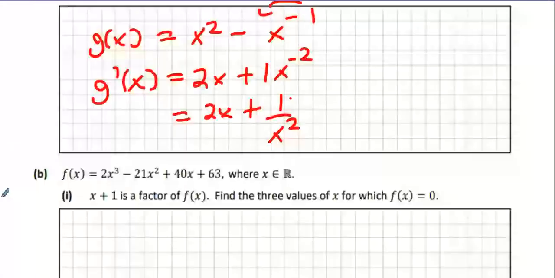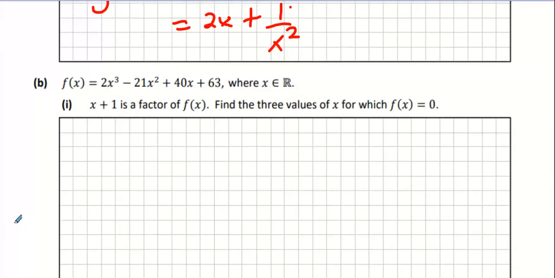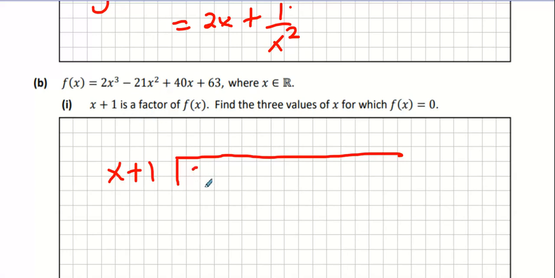The next question is actually a factor theorem question. To do factor theorem, what we do is we long divide the factor into the original equation, and we do the DMS drop.